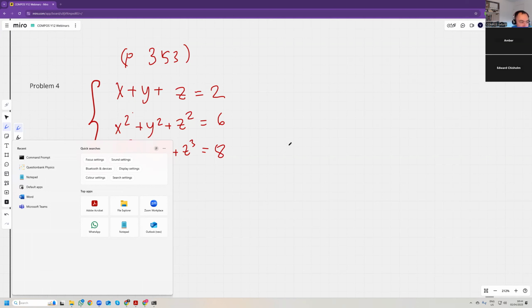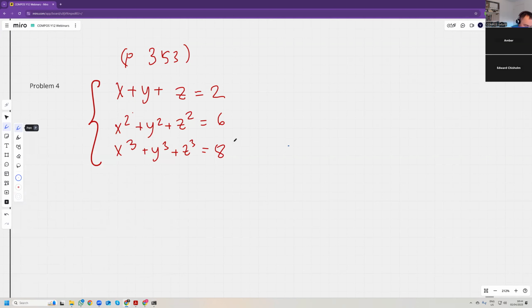Right, so we are going to write the first equation as y plus z equals 2 minus x. And now we will square that.